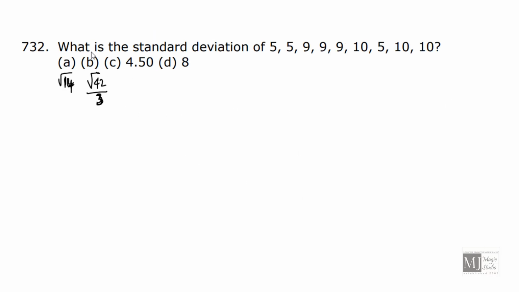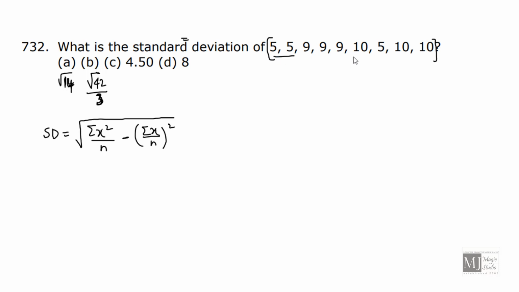What is the standard deviation of these few numbers given? Now what do you mean by standard deviation? Standard deviation equals root over summation x square by n minus summation x by n whole square. Now these all are my x, but as we can see, there are 5 3s, 5 9s, and 5 10s.